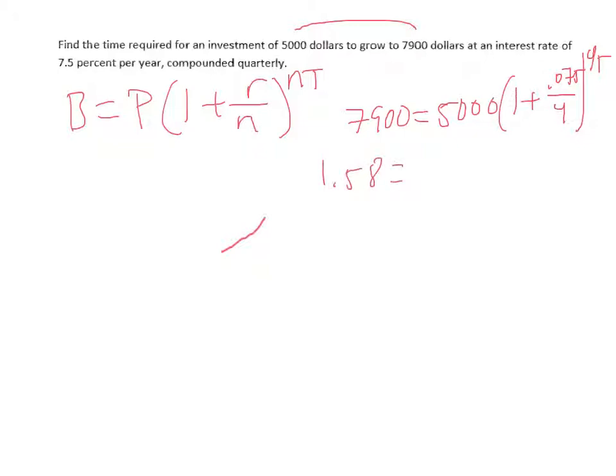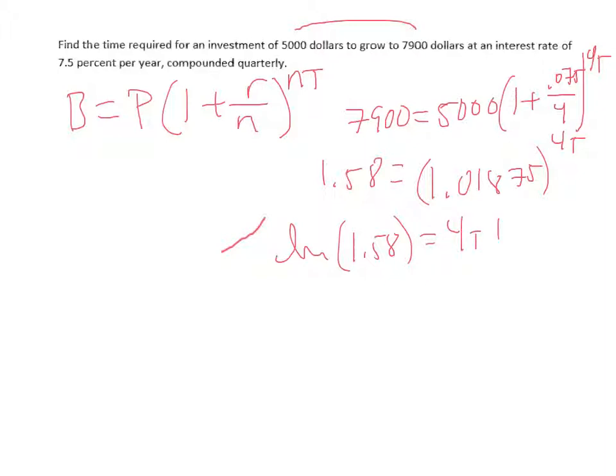And then if you take 1 plus 0.075 divided by 4, I came up with 1.01875 raised to the 4t. So now we're just going to do logarithms or natural logs. So the ln of 1.58 equals 4t times the ln of 1.01875.